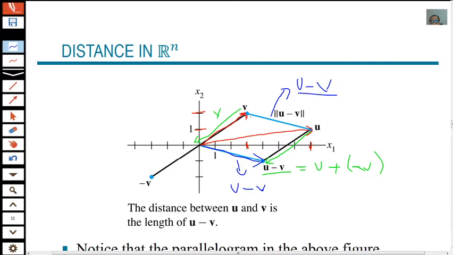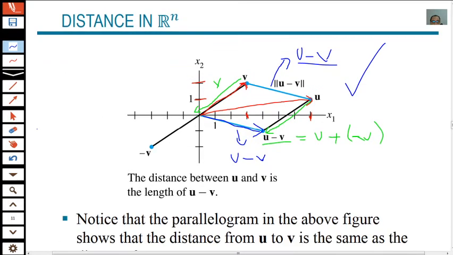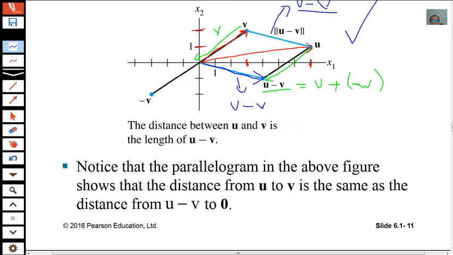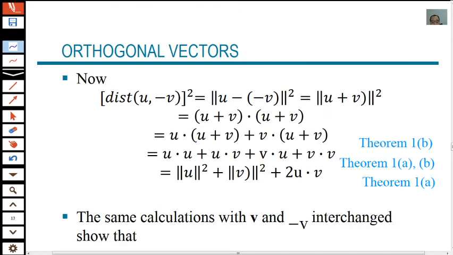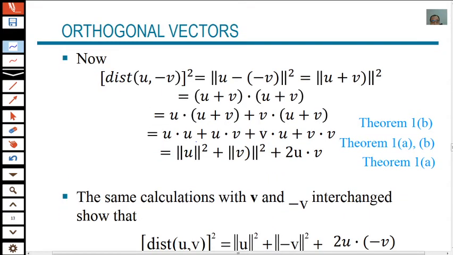Because the length of this line segment, or the norm of this vector, which is u minus v, is the distance between the terminal point of v and the terminal point of u, which is very important. Notice that the parallelogram in the above figure shows that the distance from u to v is the same as the distance from u minus v to 0.